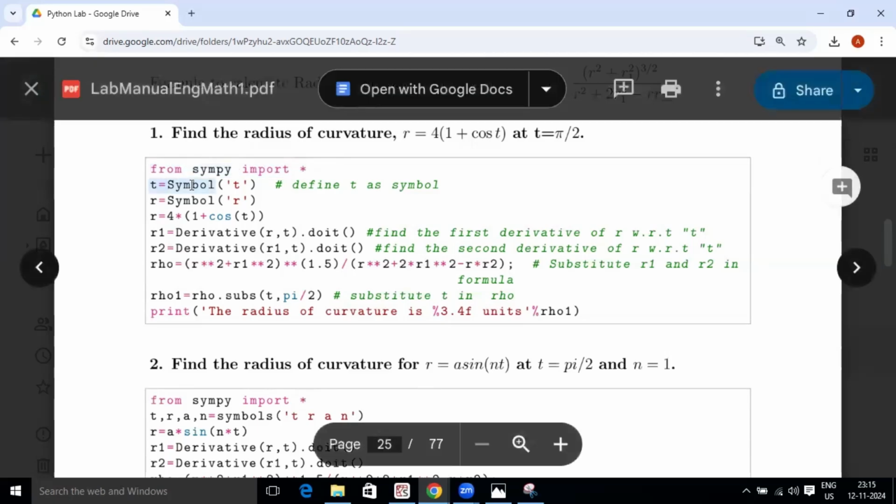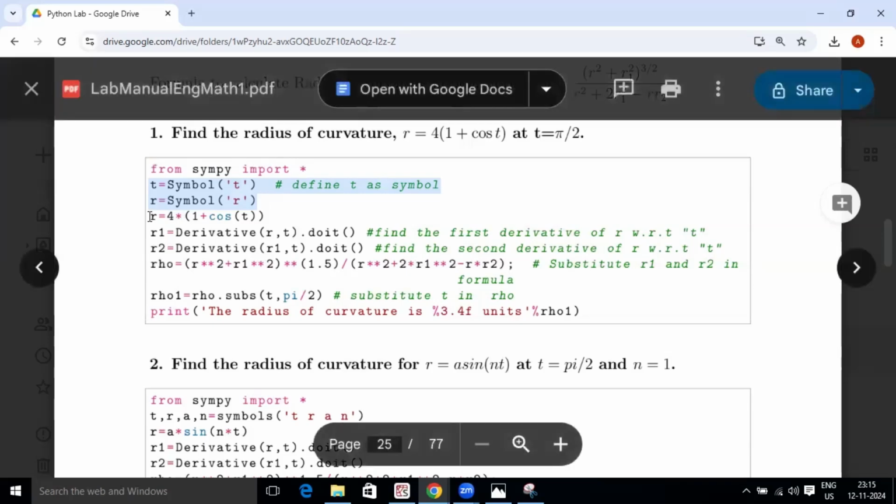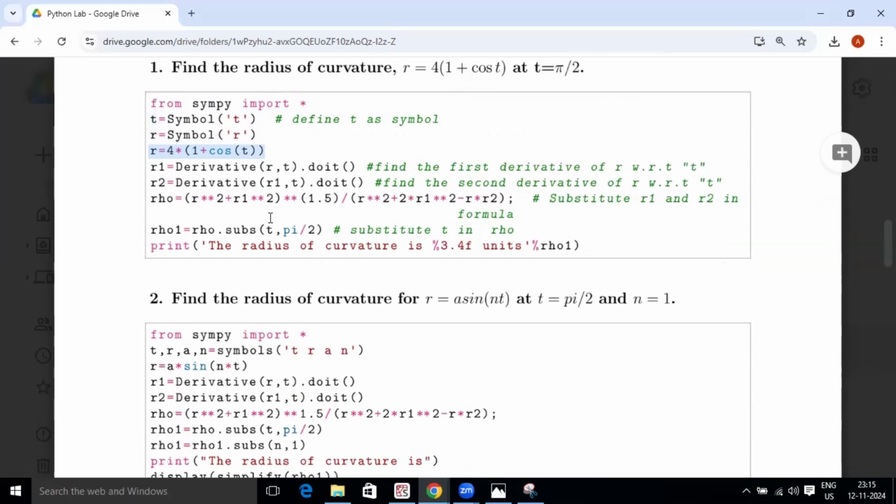And t equals Symbol of t and r equals Symbol of r. Here we define two symbolic variables, t to represent the angle and r to represent the radial distance in polar coordinates. And r equals 4 into 1 plus cos of t. This line defines the polar curve, r equals 4 of 1 plus cos of t.